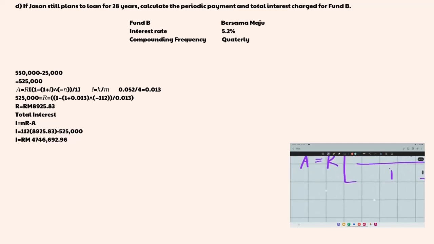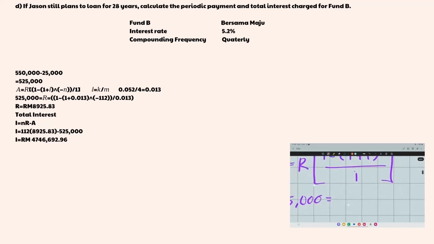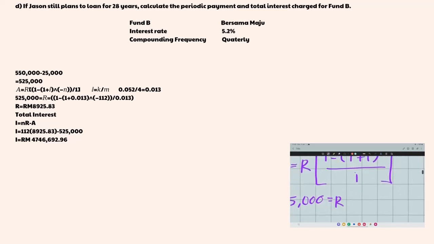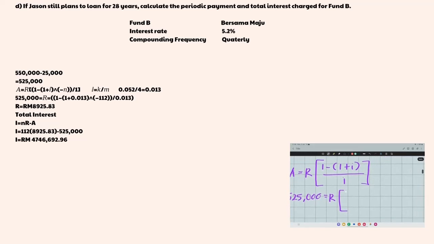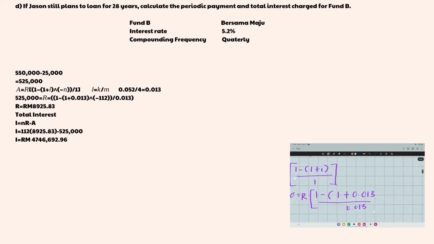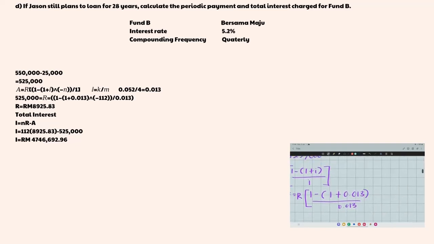So the total for A is 525,000 equals to the amount that we are going to find, R, bracket 1 minus bracket 1 plus 0.013 close the bracket.